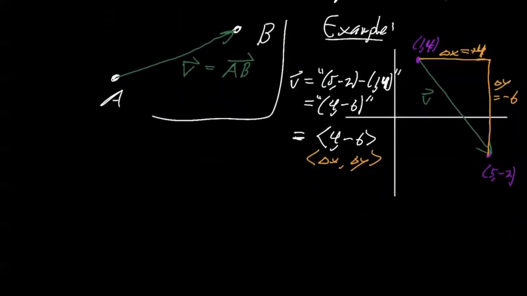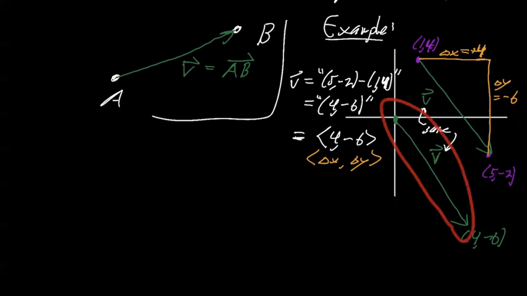So I could draw an arrow from the origin down to the point 4, -6, and that would be the same vector as far as we're concerned in multivariable calculus. It's more about relative position. So we can think of picking this up and moving it to here or vice versa.